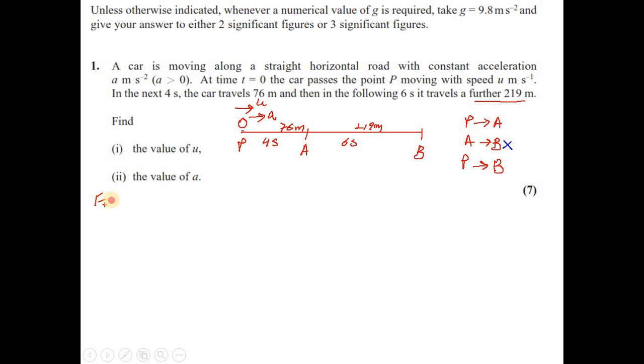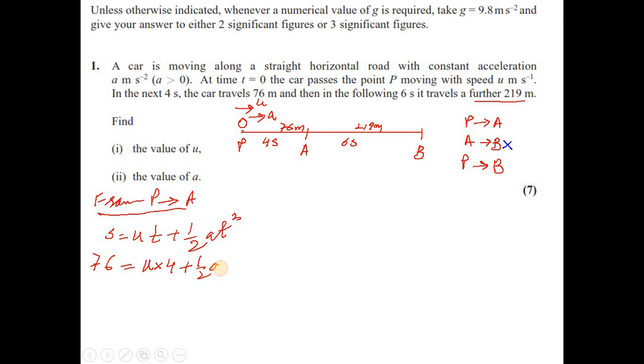From interval P to A, I can say that s is equal to ut plus half at squared. S in this interval is 76, and this is equal to u times time 4 seconds, plus half of a times t squared, which is 16.